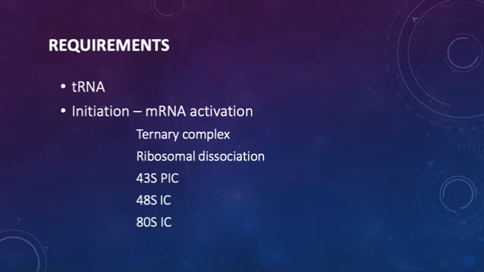So for the whole translation, you require the main one as tRNA, and then for the different steps of translation, that is initiation, elongation, and termination, you require for initiation the mRNA, which is activated, the ternary complex, the ribosomal dissociation, and then the 43S pre-initiation complex, 48S initiation complex, and the 80S initiation complex.